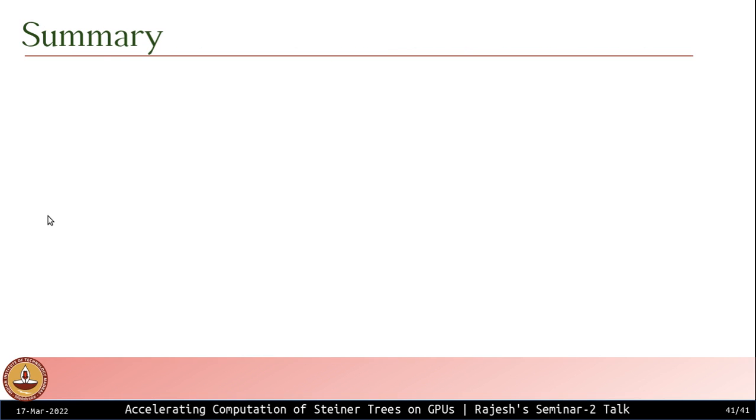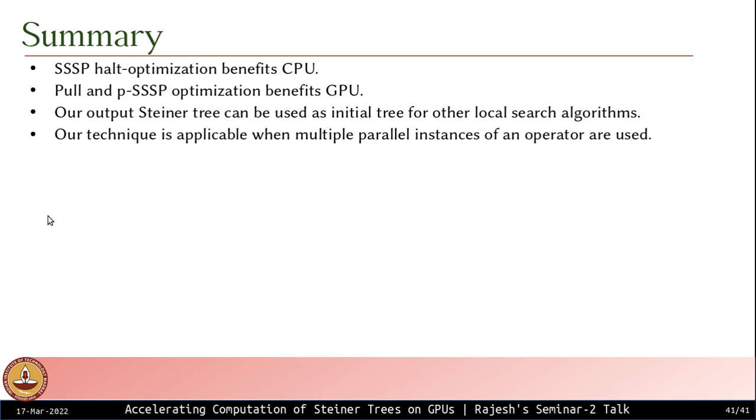I'll just summarize whatever I have. So the SSSP halt optimization greatly benefits the CPU version, and the pull-based optimization and p-SSSP optimization greatly benefit our GPU implementation. The Steiner tree that we are outputting can be used as the initial tree for other local search algorithms, right?